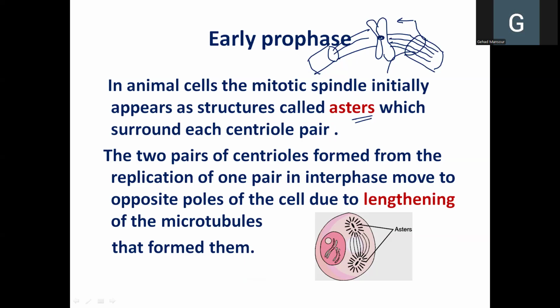So we have asters, and then the asters develop into a mitotic spindle, and it is here that the chromosomes will be attached at their kinetochores, and this is very important for accurate cell division, for preventing chromosomal mutations.